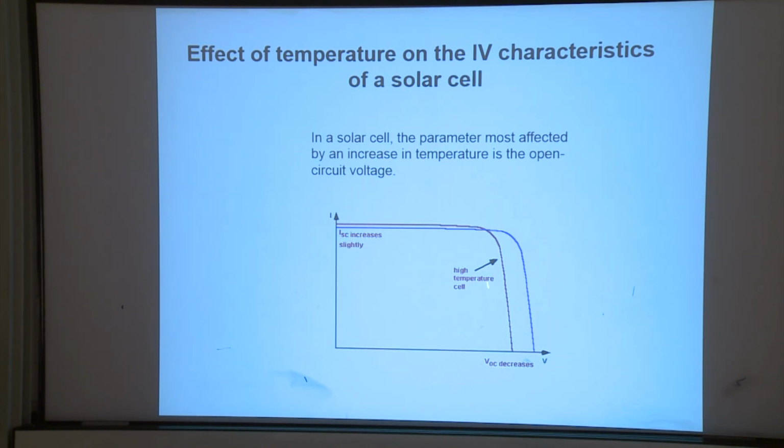However, you'll be able to see the voltage decreases, because thermal vibration pretty much reduces the band gap of your semiconductor. So the VOC decreases, even though it's still not that large compared with the voltage the semiconductor has. But it's a more significant change than the current part.